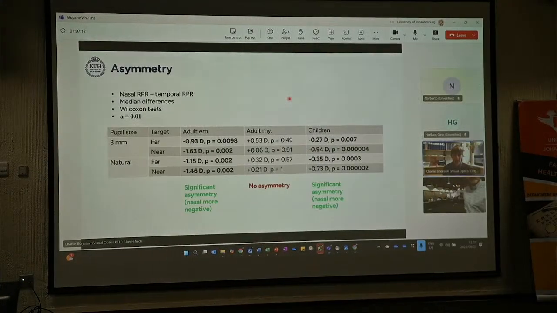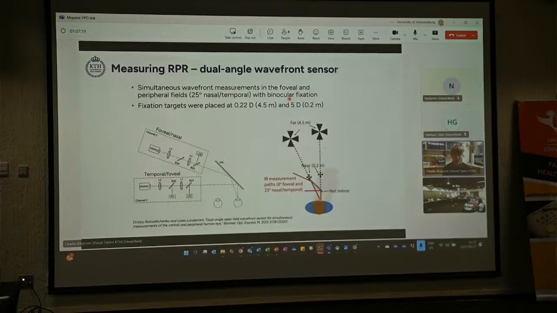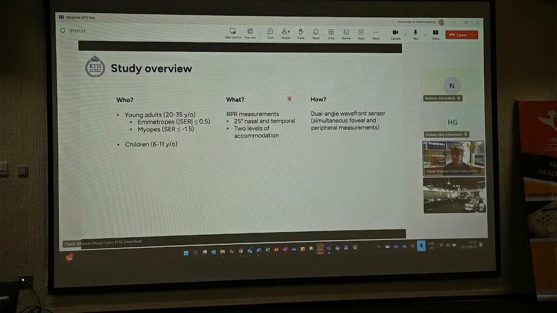We can go back to my slide. For the adults, we defined some refractive ranges for limiting our groups. For emmetropes, we said we could have a maximum of half a diopter of refractive error.